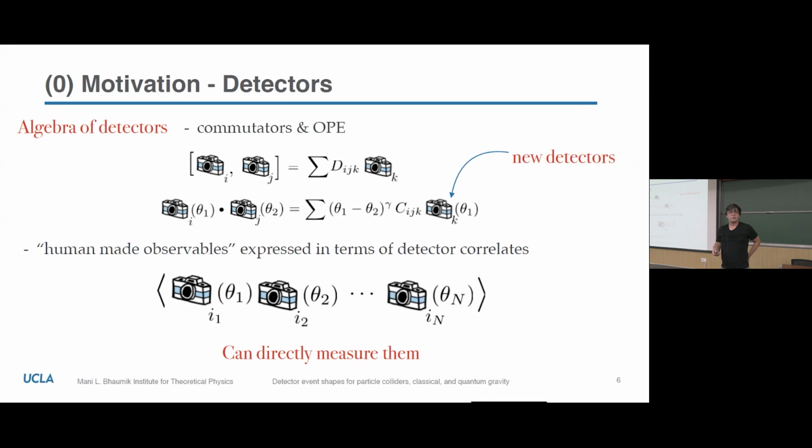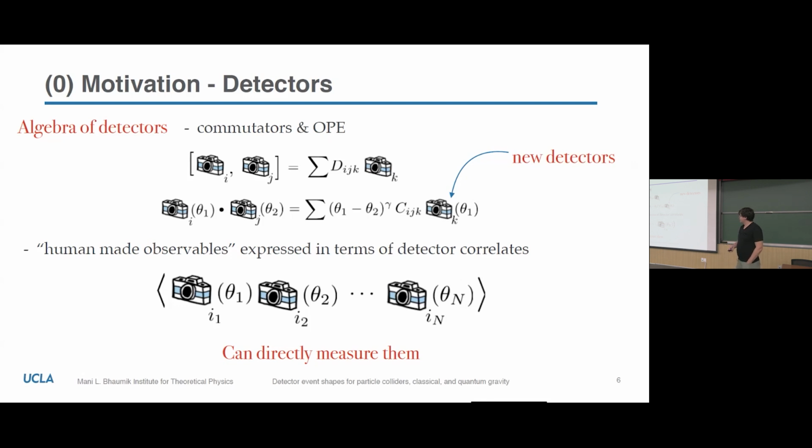So you can take two operators that you know in your theory, bring them together, and maybe detect new types of detectors that you can then study independently. Furthermore, for certain observables, in this operator product expansion limit, it dictates certain scaling behaviors of observables.